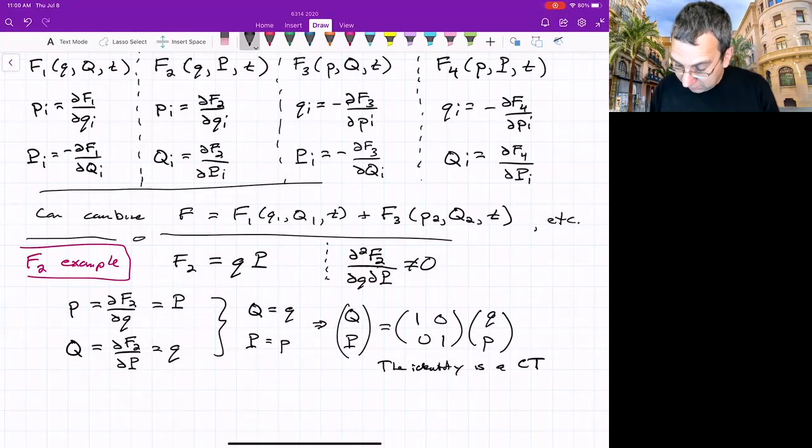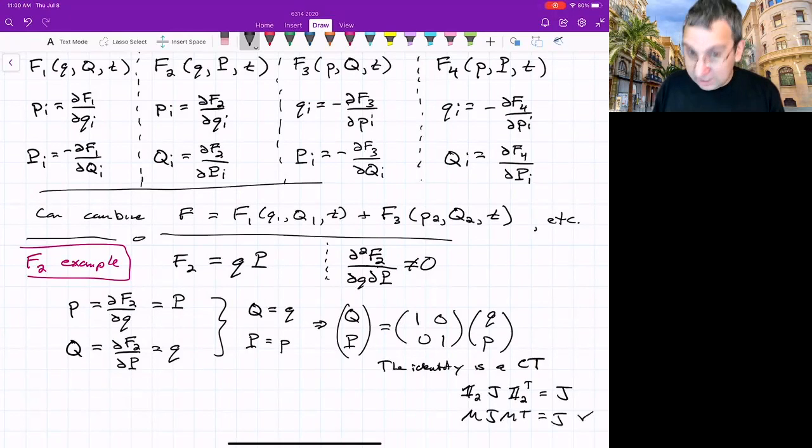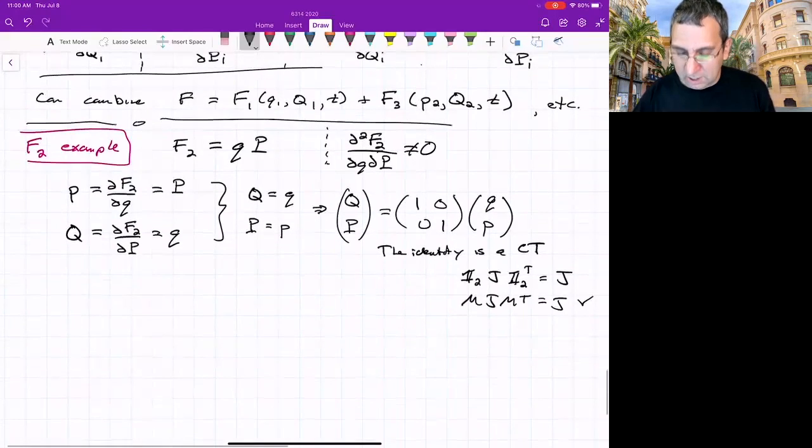You could even verify that the 2 by 2 identity matrix times J times the identity matrix transpose is still J. So that's M J M transpose equals J, which was one of the conditions of a canonical transformation. So that's cool.